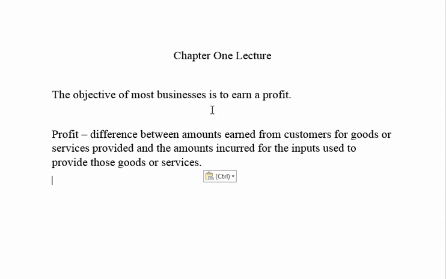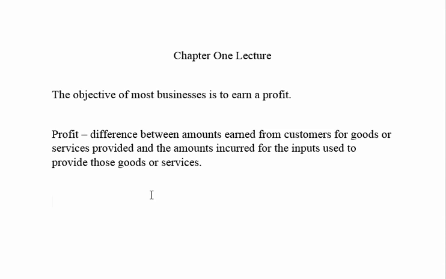So in accounting, we're not necessarily concerned with when the customer paid us or when we paid for the inputs used to provide the goods or services. What we're going to look at for a given period of time is what we earned from our customers for that period minus what costs were incurred to provide the customer with those goods or services. And again, the objective of most businesses is to earn a profit.